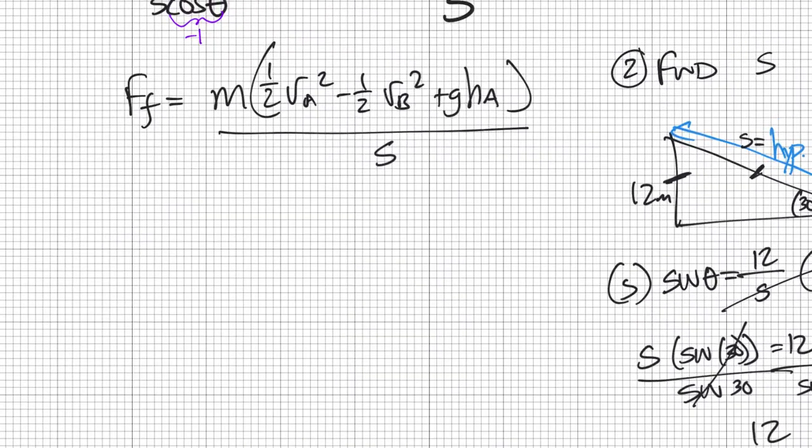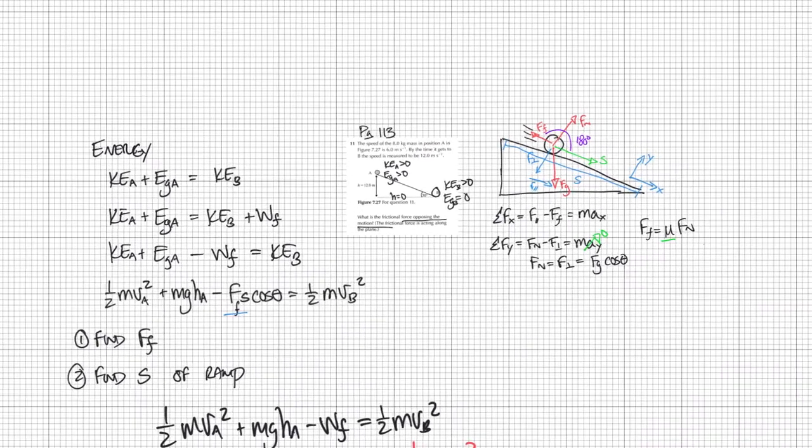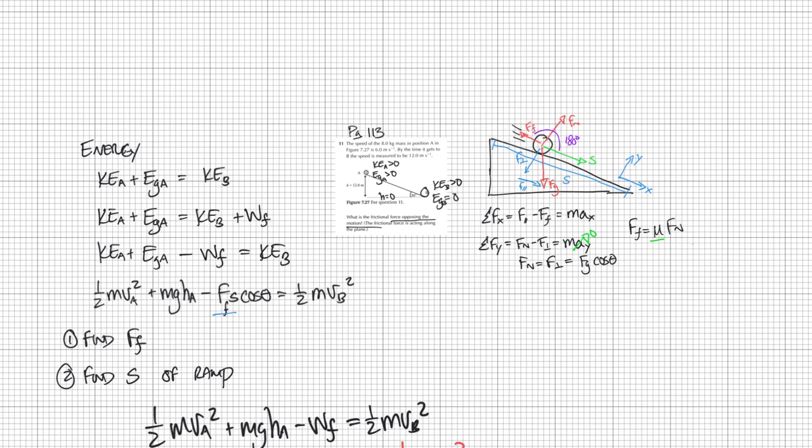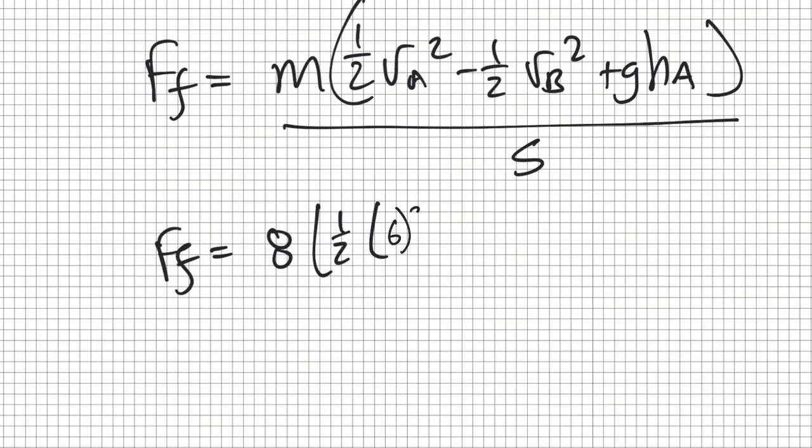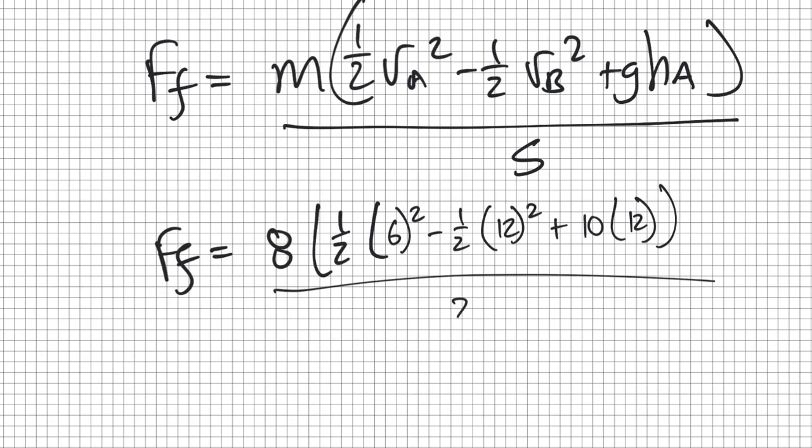So then I can take that value, I can plug it into here, and so my force of friction is going to equal 8 times 1/2. What's my velocities? 6 and 12 and 8, right? Okay. 6 squared minus 1/2 12 squared plus G. Oh, G is 10, not just G. So that's 10 times 12 divided by 24.